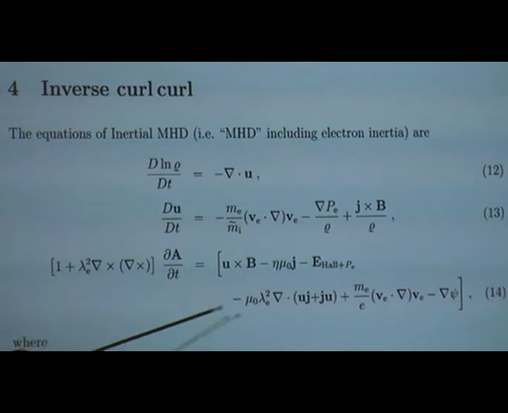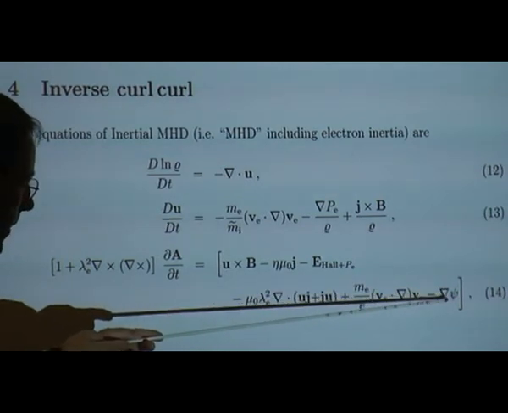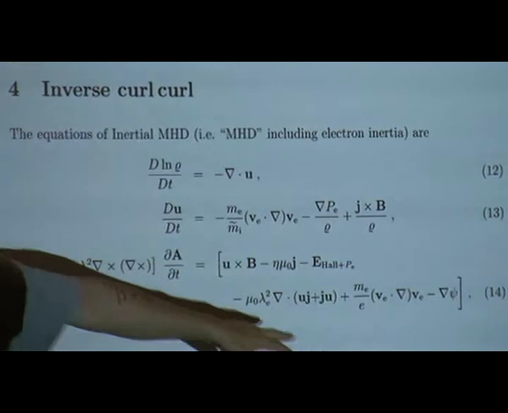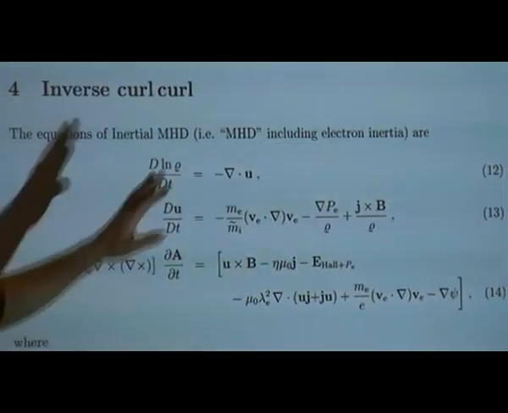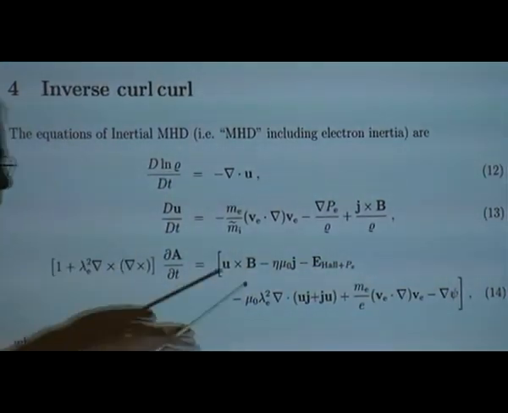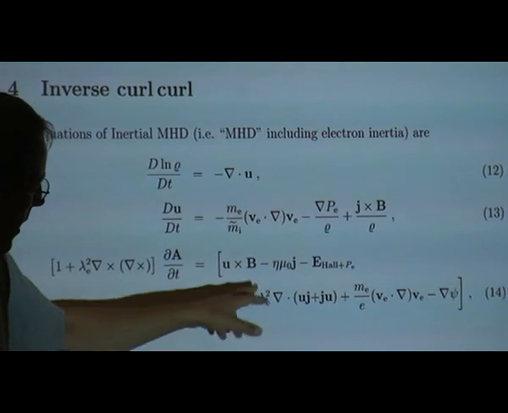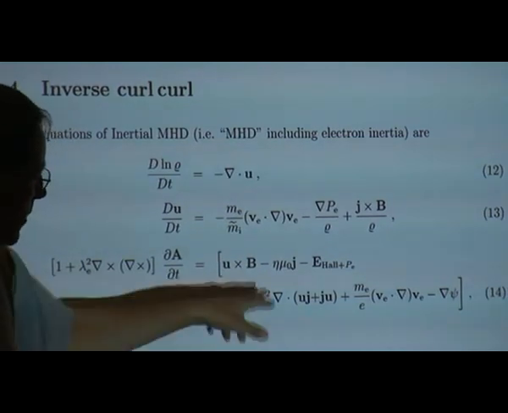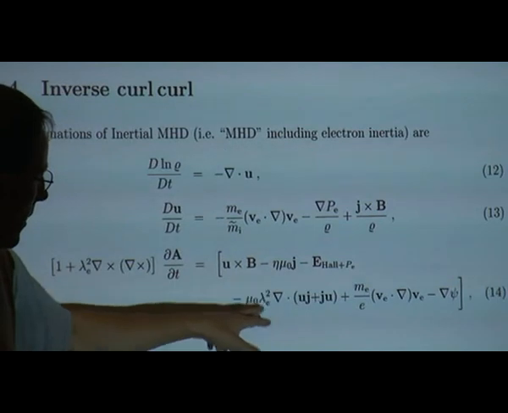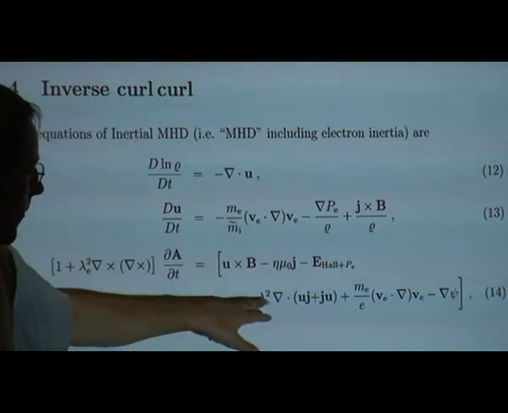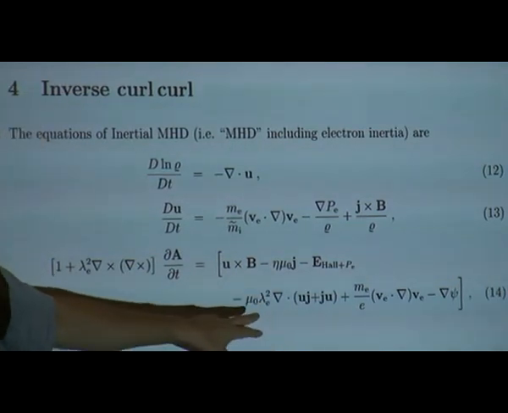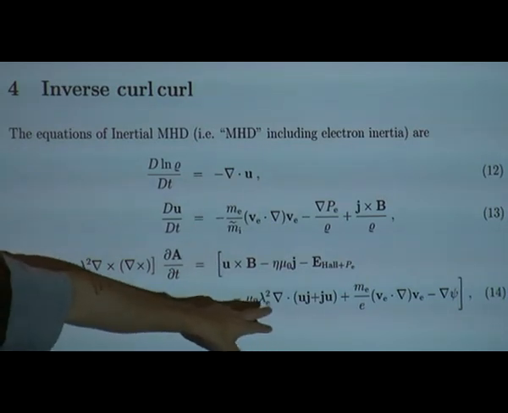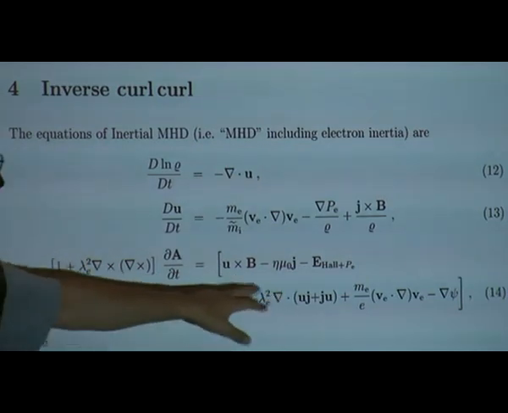But then we have the gauge potential. So this is an arbitrary scalar here. That's all the stuff we know. But then we have here the so-called electron inertial length, and I should have written down somewhere what that exactly is. But basically that becomes important if the plasma is dilute.